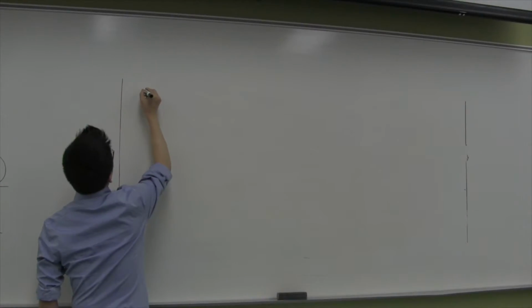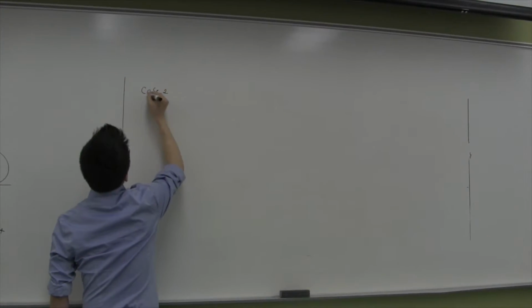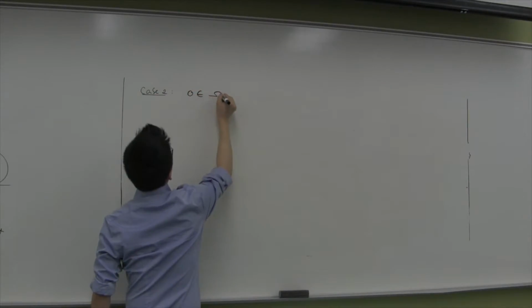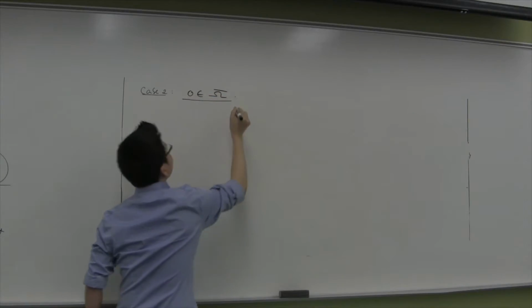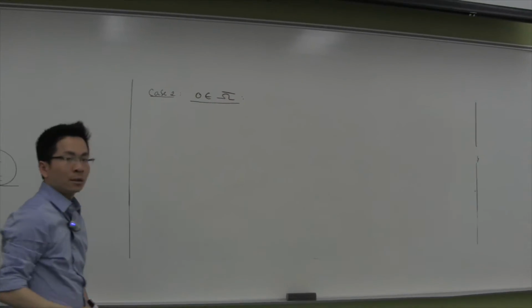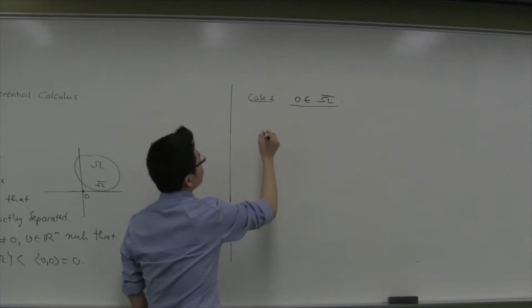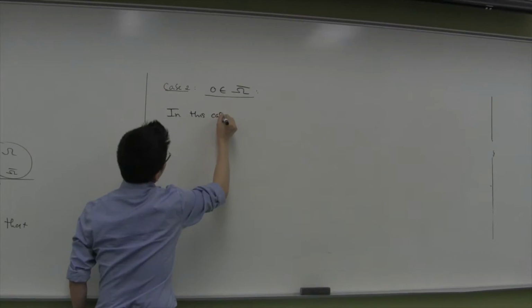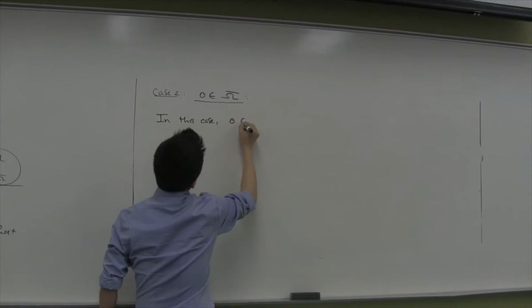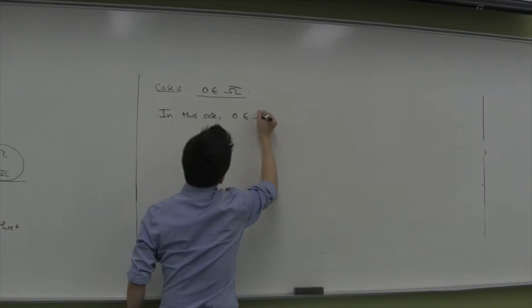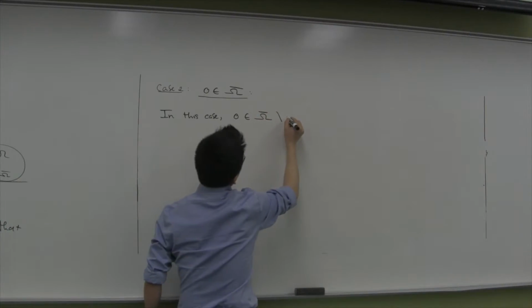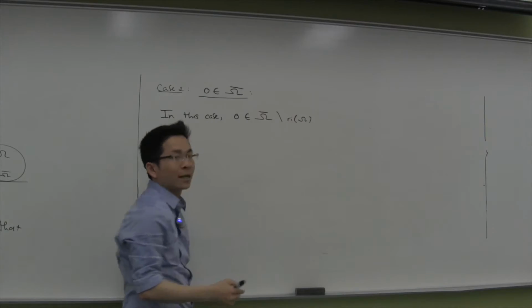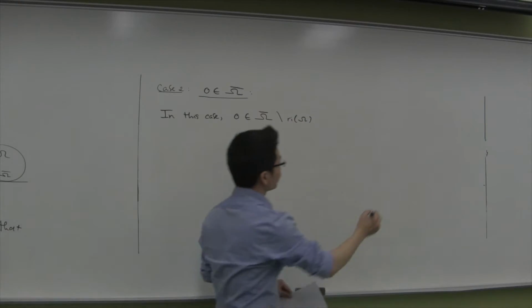Now let us consider the second case, where 0 belongs to the closure of omega. So in this case, 0 belongs to the closure of omega, but 0 doesn't belong to the relative interior of omega by the assumption.